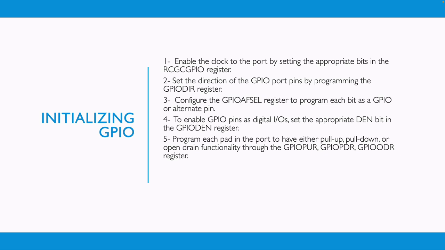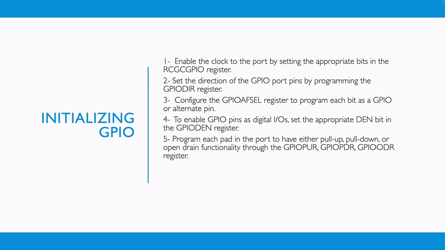You need to enable the clock. This is step number 1, enable the clock by configuring this register, and then you need to set the direction. In this case, we need output. Configure the AFSEL to program each bit as GPIO, because remember, we also have other peripherals such as PWM, ADC, and many others.